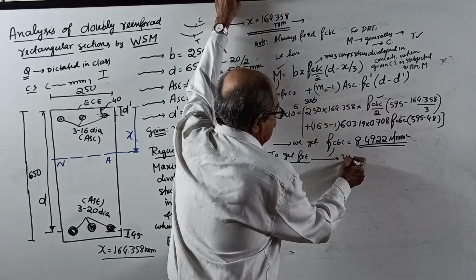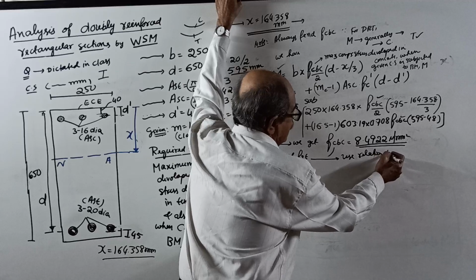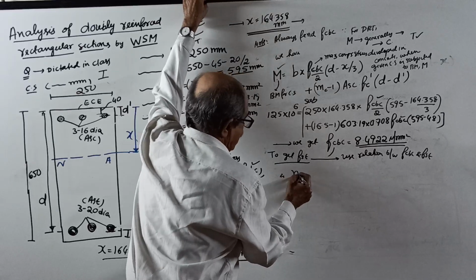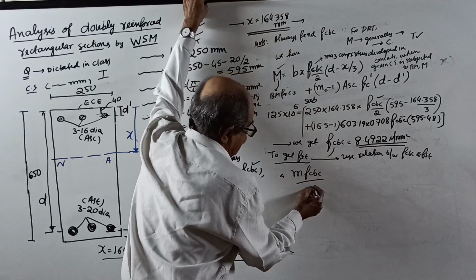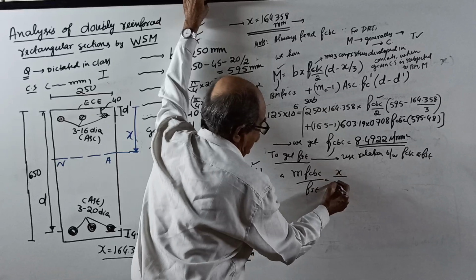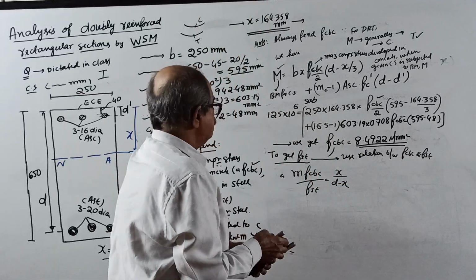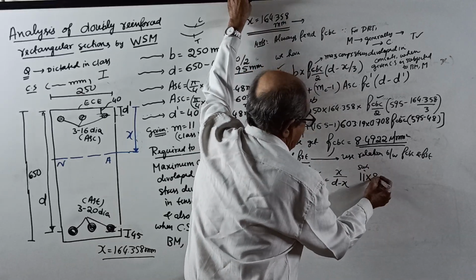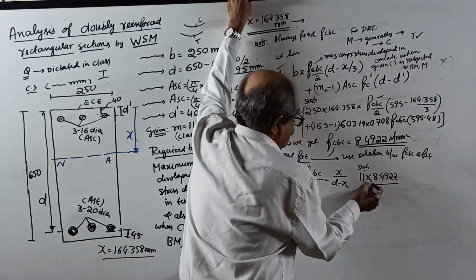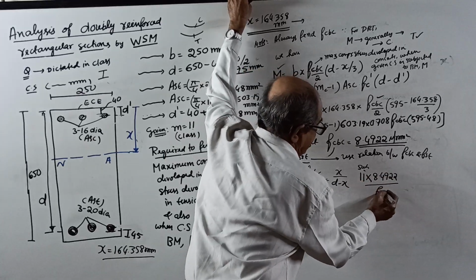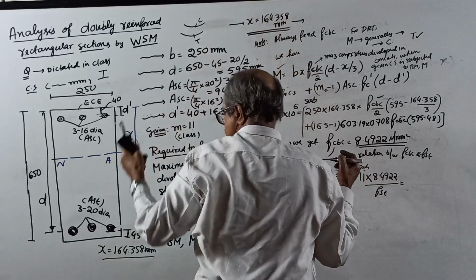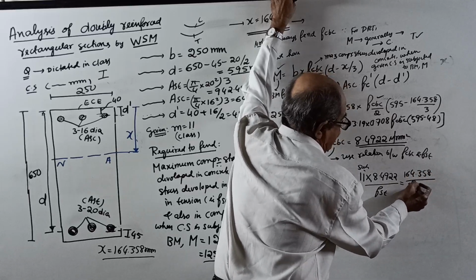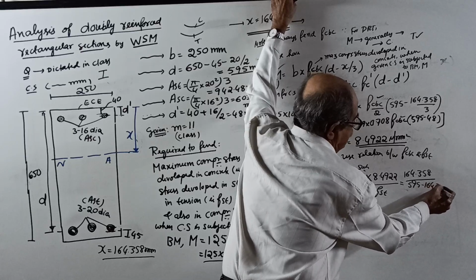You can use the relation between FCBC and FST. That is, m FCBC divided by FST equals X divided by D minus X. Substituting m as 11, FCBC as 8.4922, divided by FST which you are finding, equals X, 164.358, divided by 595 minus 164.358.